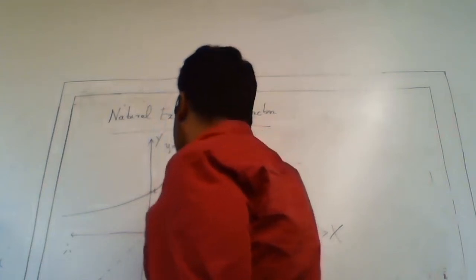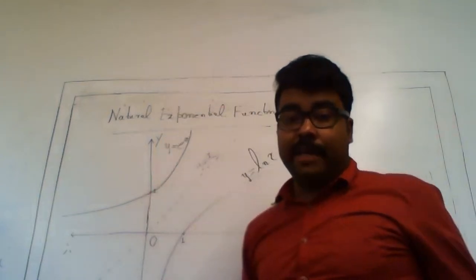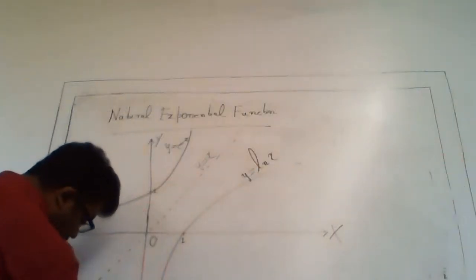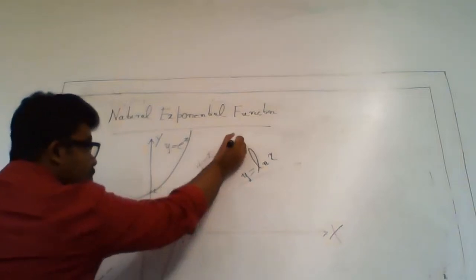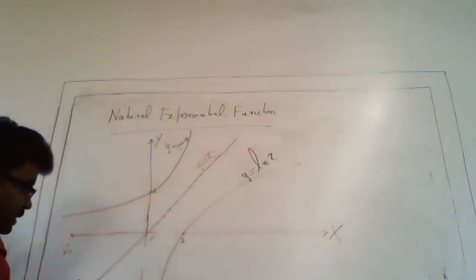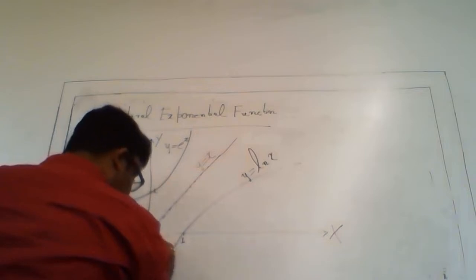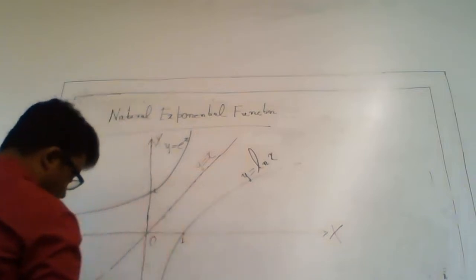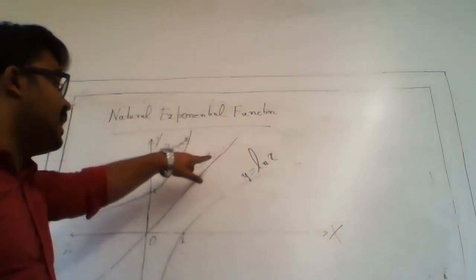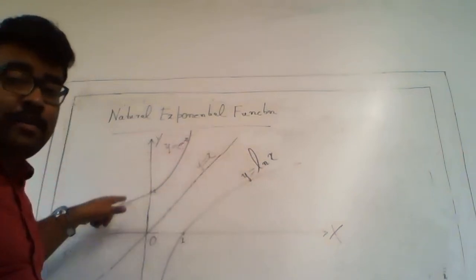This is the line y equal to x. So if you take a mirror and place it along the line y equal to x, and if you reflect y equal to ln x, you will have the graph of y equal to e to the power x.